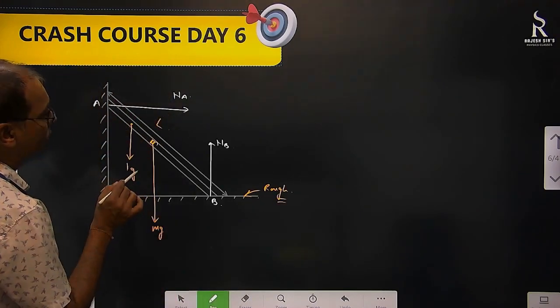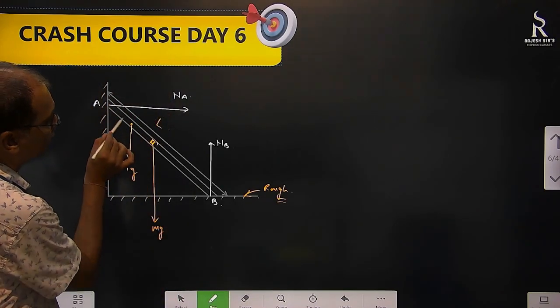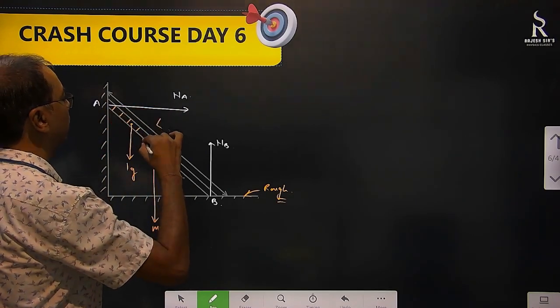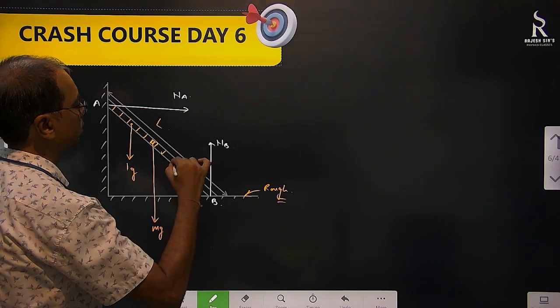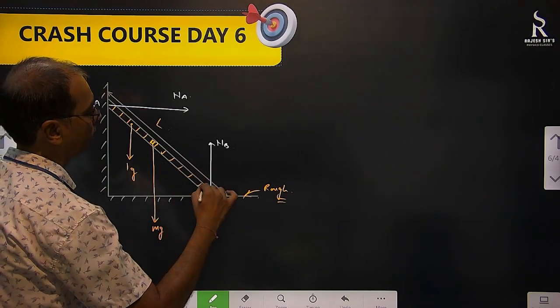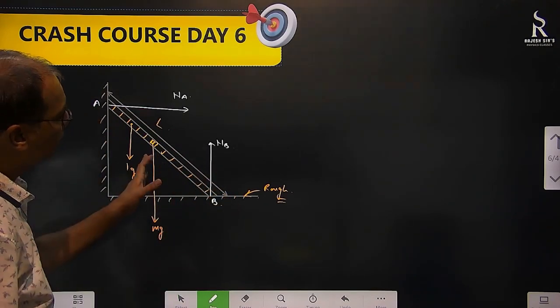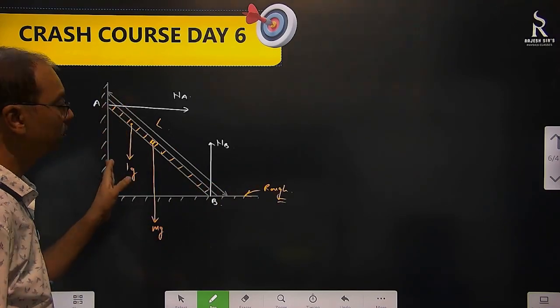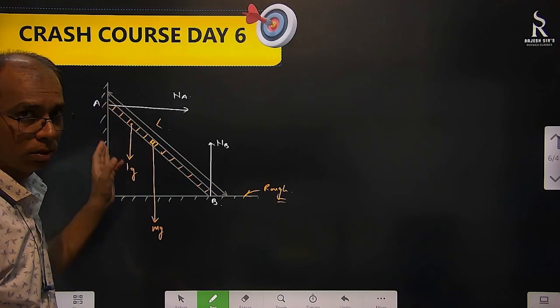So what will happen actually? This is your ladder. So this ladder is likely to slide in this direction because this has to come down. Natural movement of this is downwards like this.